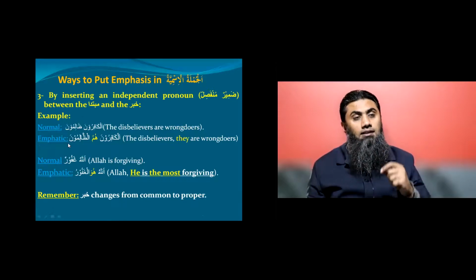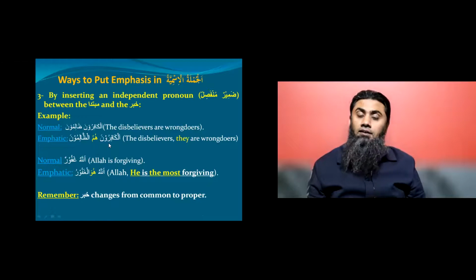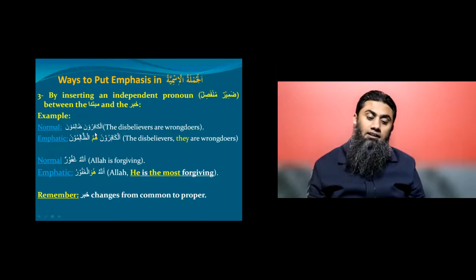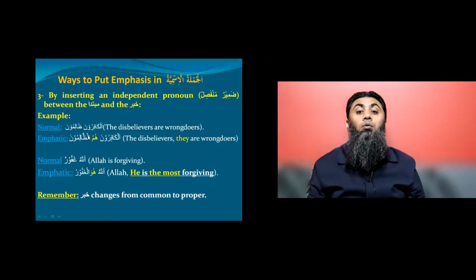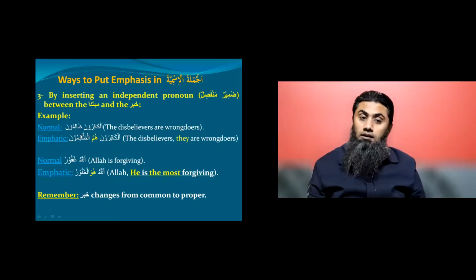Clear? Now look at the emphatic way. Al-kafiruna, and after that you insert the independent pronoun whom, and then zalimuna is still zalimuna, but you make your khabar proper. Normally khabar is common, but when you use this structure of inserting an independent pronoun, you make the khabar proper. That's why zalimuna became al-zalimuna.